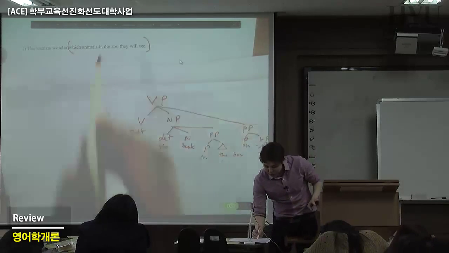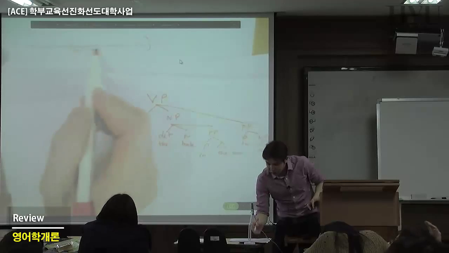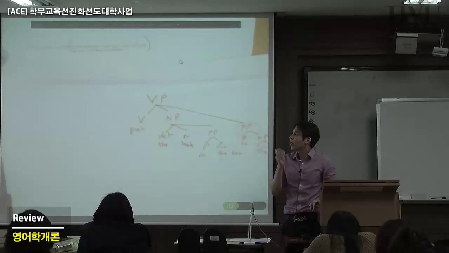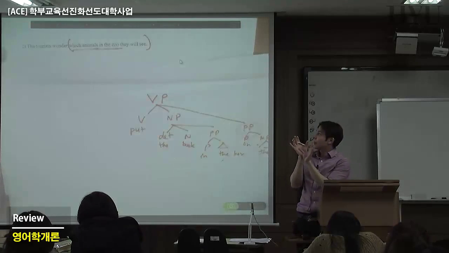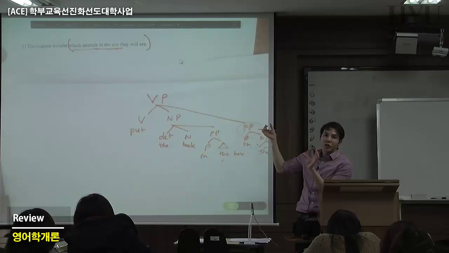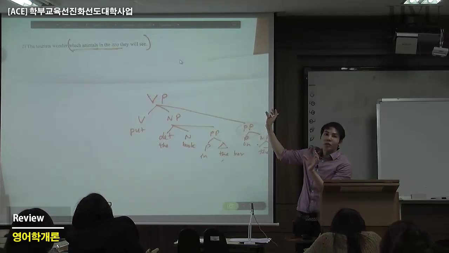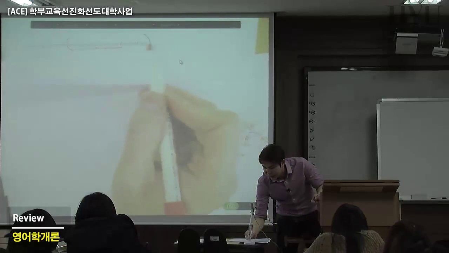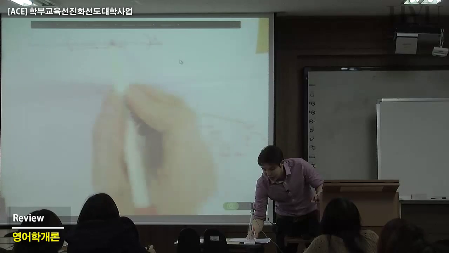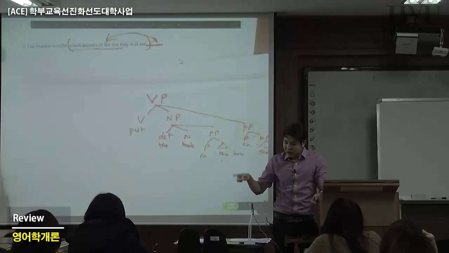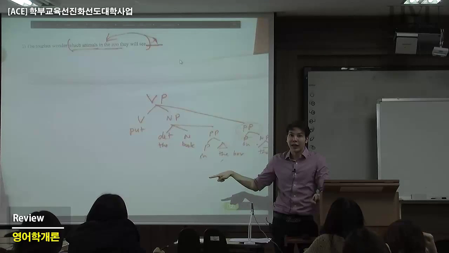And what's also interesting is that you see the words which animals in the zoo, right? Because that whole chunk is what has been moved from another position, from the previous position, which is see something. Like the tourists wonder, they will see which animals in the zoo, okay?